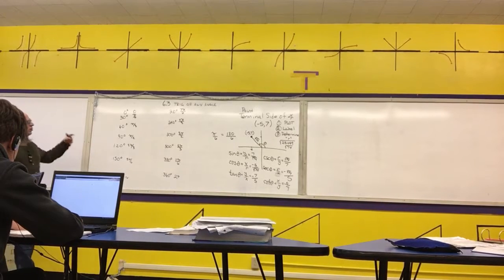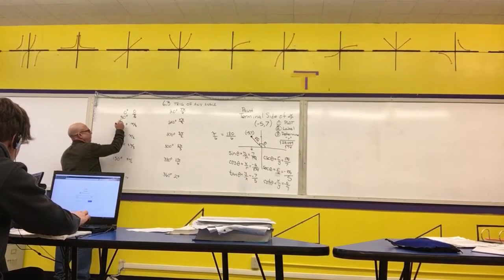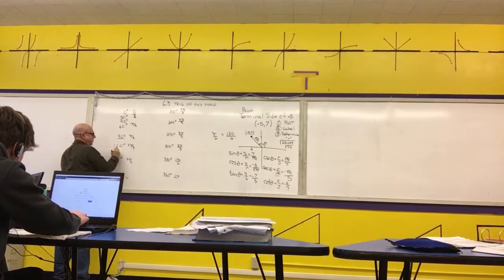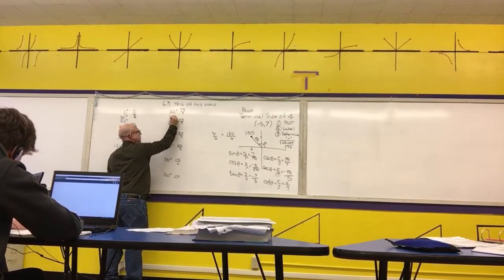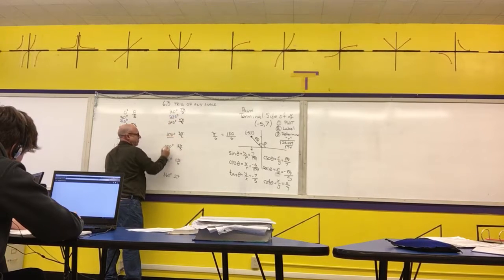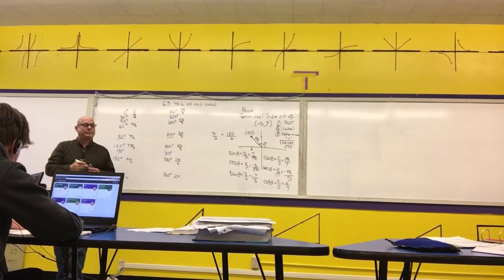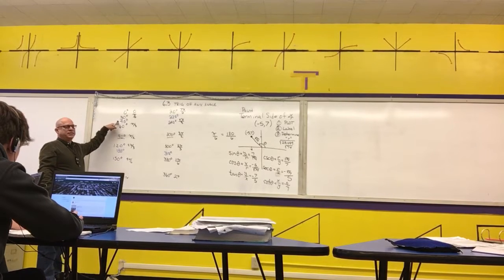The other multiple that we're going to write down is every multiple of 45 degrees between 0 and 360 degrees. So I have 45 degrees, then 90, then 135 degrees, then 180, then 225 degrees, 270, 315 degrees, and 360. So 45 degrees is a quarter of pi.